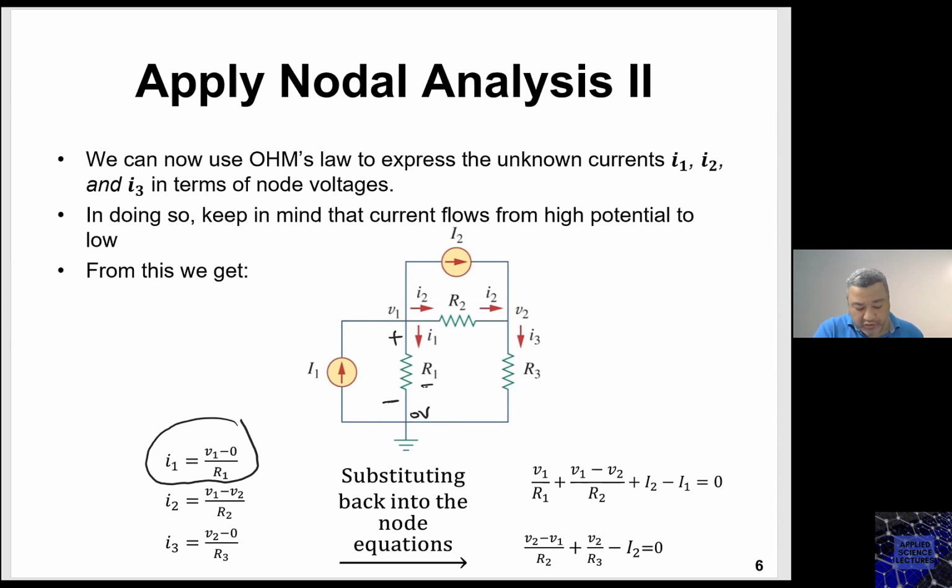Again, I know R2 here is positive, negative, and that's why I wrote I2 equals V1 minus V2 divided by R2.